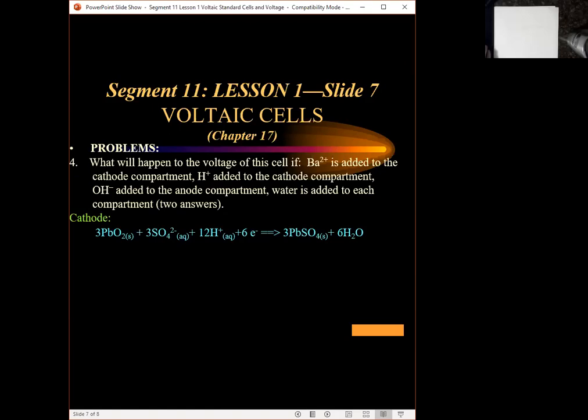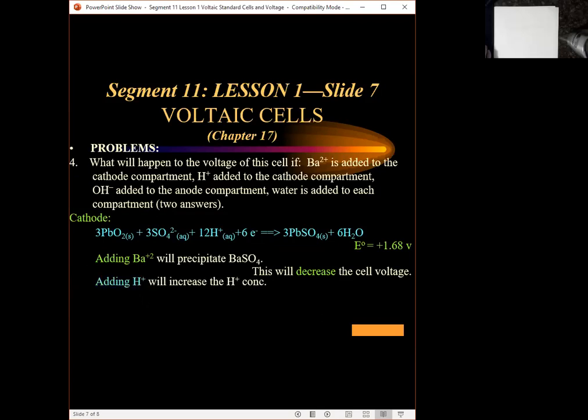So if I put barium ion into this electrode, I'll precipitate some barium sulfate out of that electrode, which means this reactant is going to be decreased. If I decrease that concentration, it would decrease its voltage. So the standard cell would decrease that cell voltage over what we had up above.